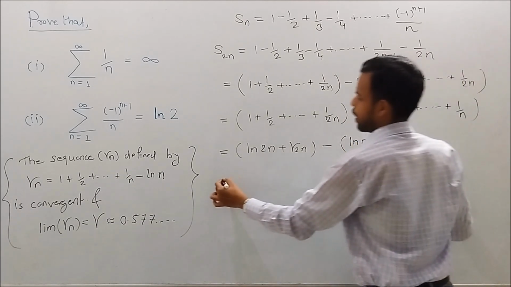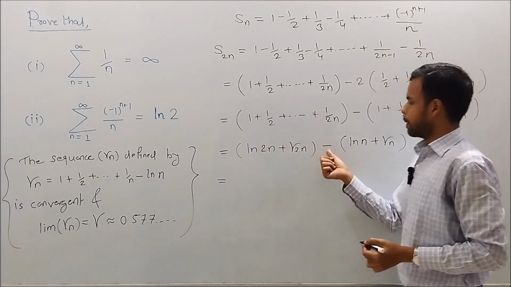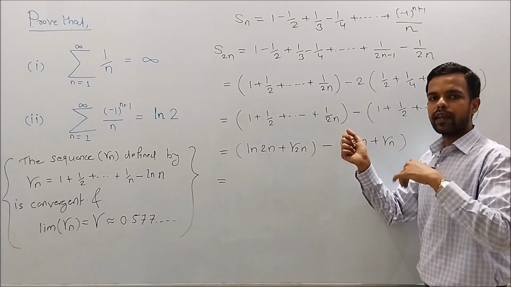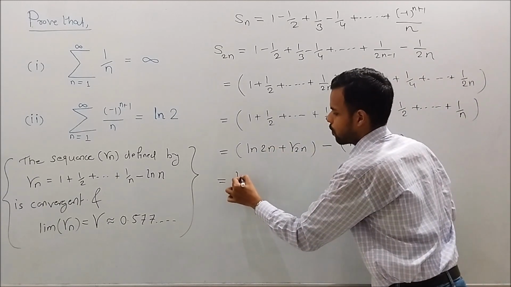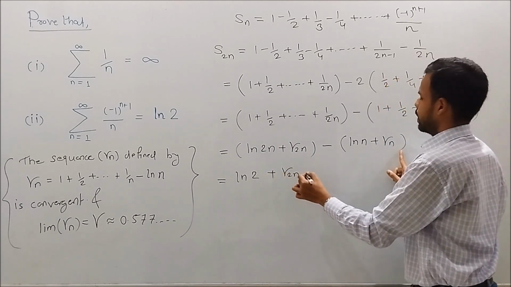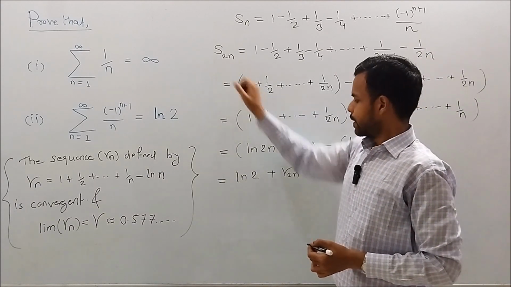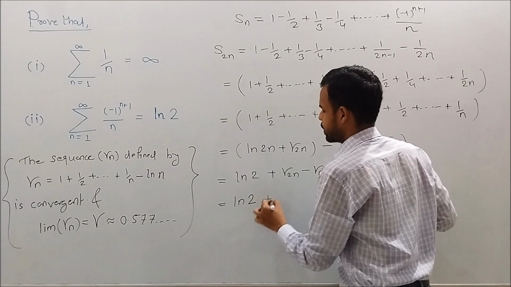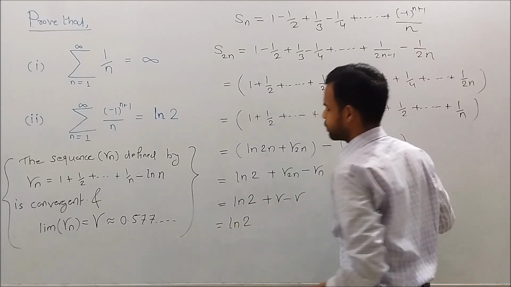Now by properties of logarithm, log of 2n minus log of n is nothing but log of 2n upon n, and so the answer is log of 2, that is natural log of 2, plus gamma 2n minus gamma n. So when n goes to infinity, this goes to natural log of 2 plus gamma minus gamma, which is nothing but natural log of 2.